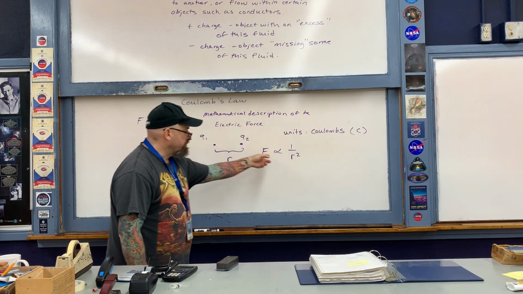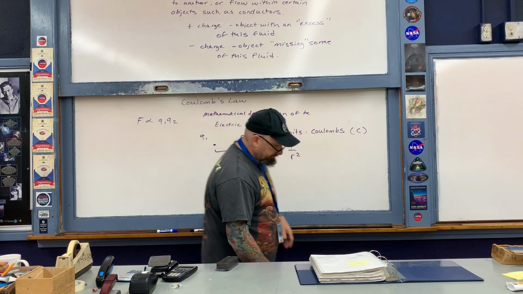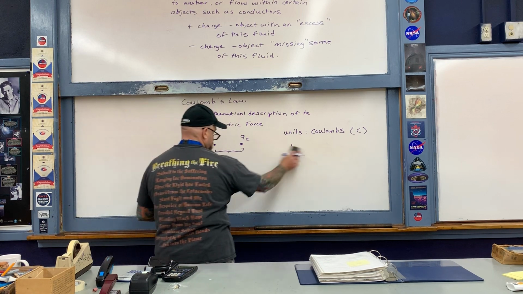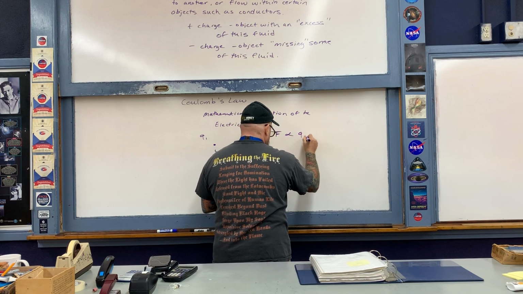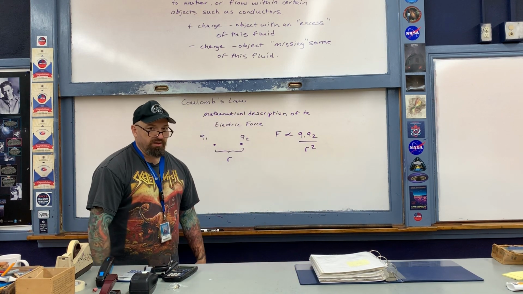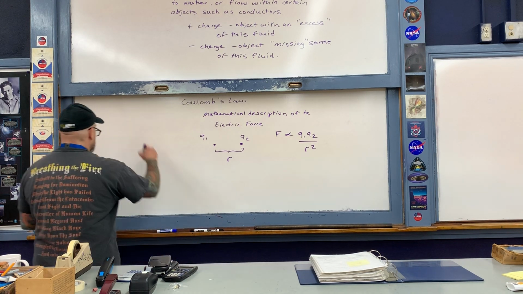Okay, combine these two proportionalities into one expression. The electric force is proportional to the product of the charges divided by the distance squared. Compare this to Newtonian gravitation from the first semester.